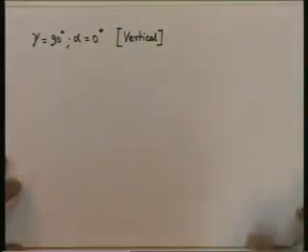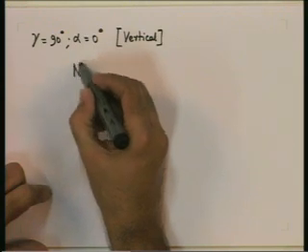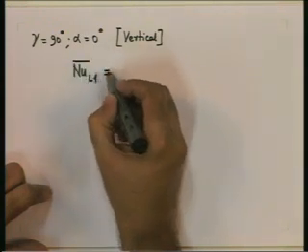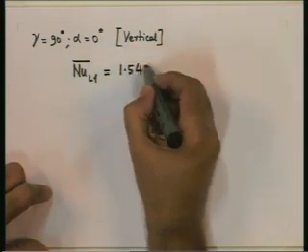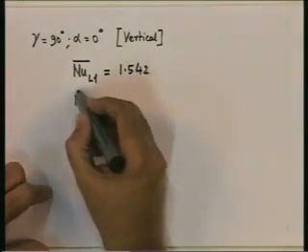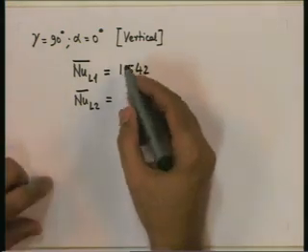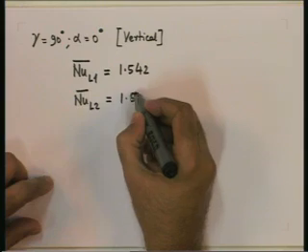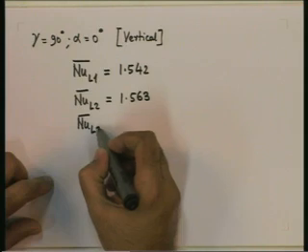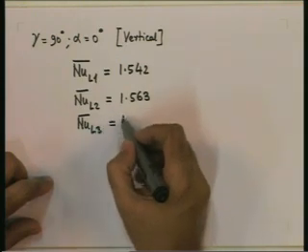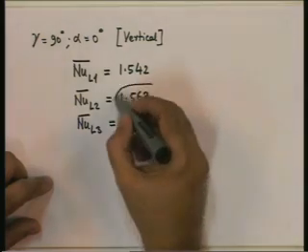And if you do that, you will get from the first correlation the value of the Nusselt number to be 1.542. From the second correlation, you will get 1.563, and from the third correlation you will get 1.246. We select the highest of the three.